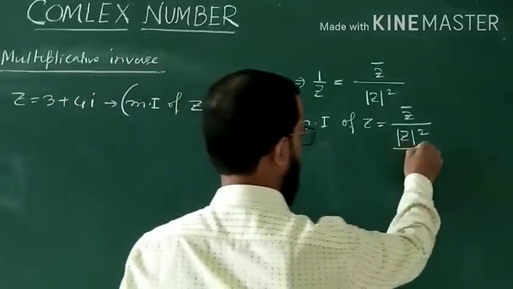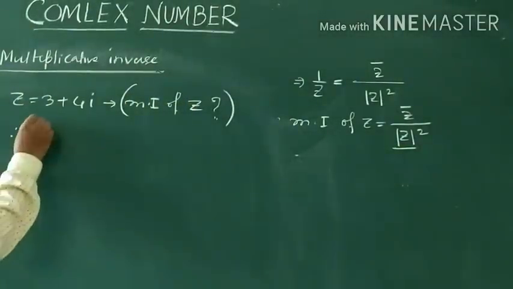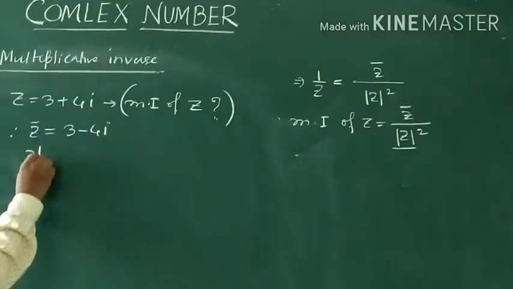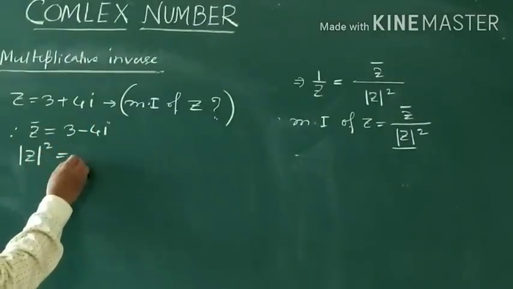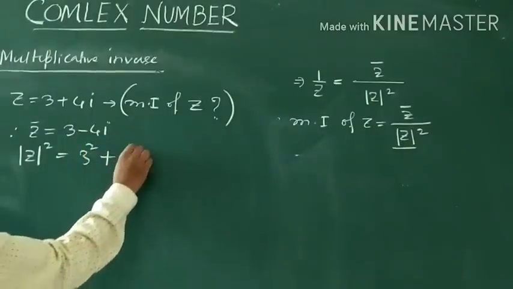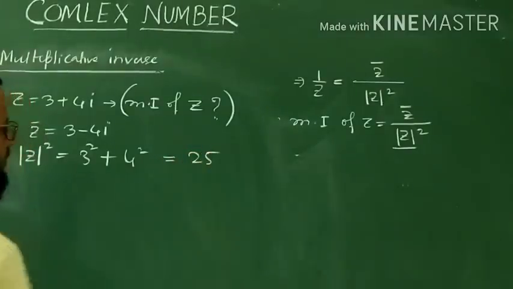You use this formula, finding z bar first. Therefore z bar equals 3 minus 4i, and modulus of z whole square is equal to a square plus b square. What is a? 3. What is b? 4. So a square plus b square is equal to, how much are you getting, 25.